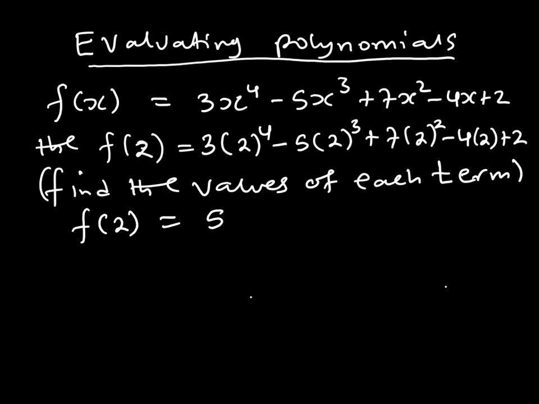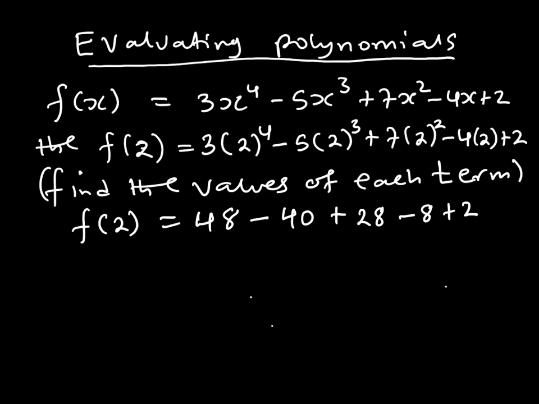Okay, now let's do it. Why should we say 53 when we can do it? 2 to the power 4 is 16. 16 times 3 is 48. Minus, 2 cubed is 8 times 5 is 40, plus 7 times 4 is 28, minus 8 plus 2.